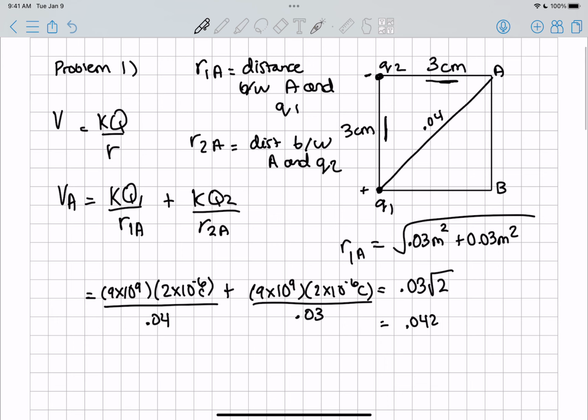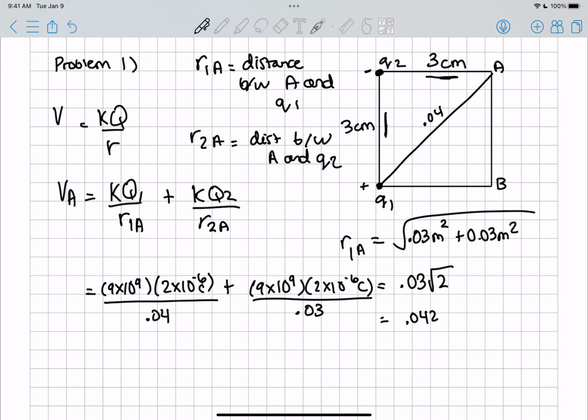So what do you think I'm missing here? I did this on purpose, just to see if you guys are paying attention. What am I missing from this equation here?